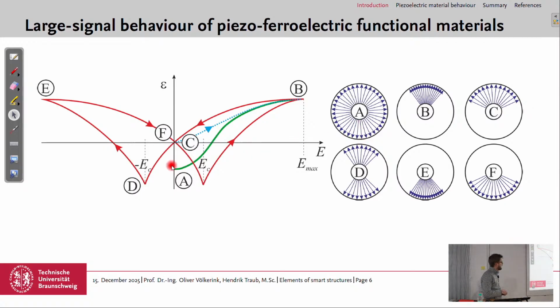Then we apply an electric field up to the maximum electrical field we can apply without breaking the piezoceramic. Then we are here in point B. We have a really strong polarization in one direction, and if we then remove the field again, we come back to point C. Here we have 0 electrical field, but we still have the polarization of the piezoceramic, not as strongly oriented as with the field applied, but still a usable polarization.